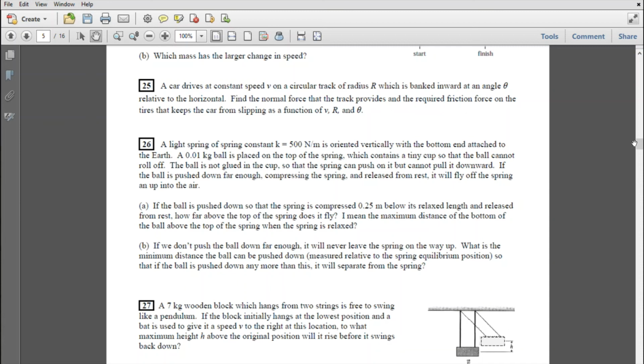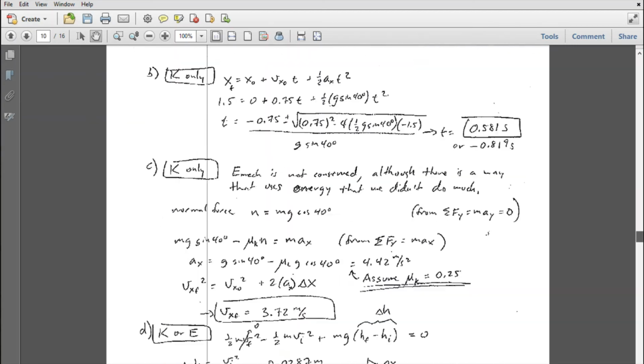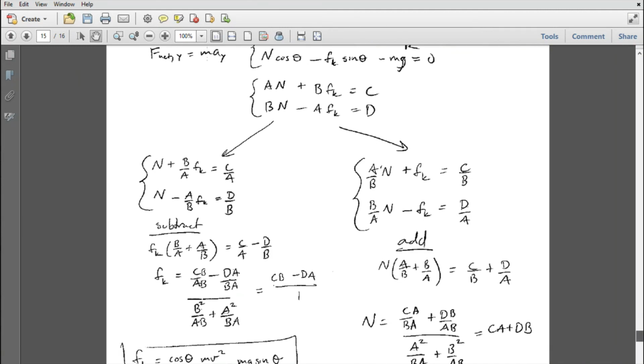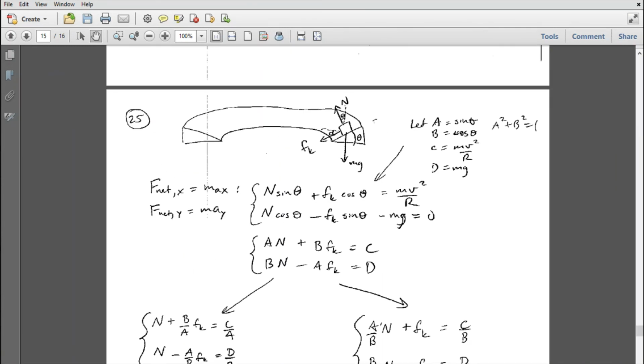We're just supposed to keep them in there rather than plugging in numbers. This probably isn't the best practice for things you would find on the exam, but in any case, let's look at the analysis down here. 25. So in this case, here's my free body diagram for the car.